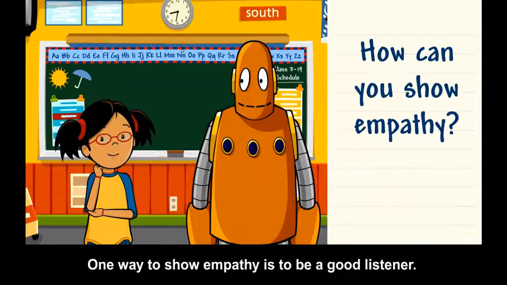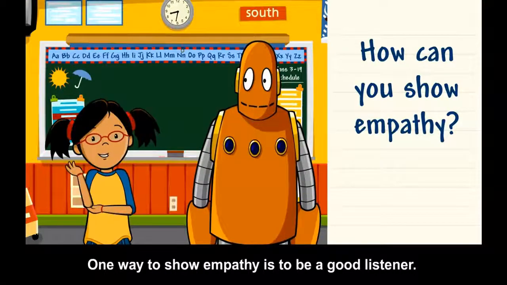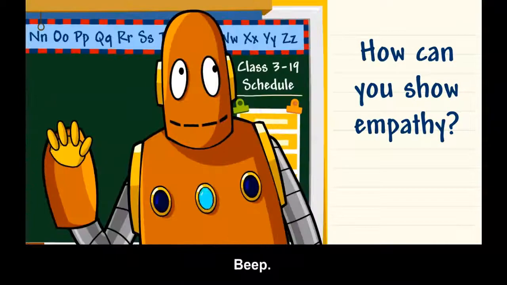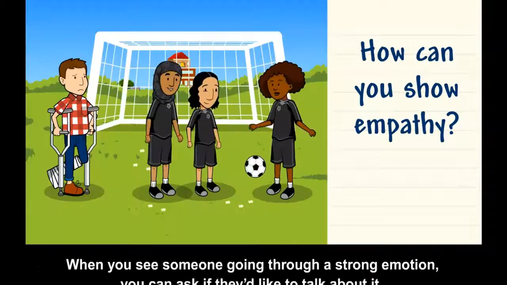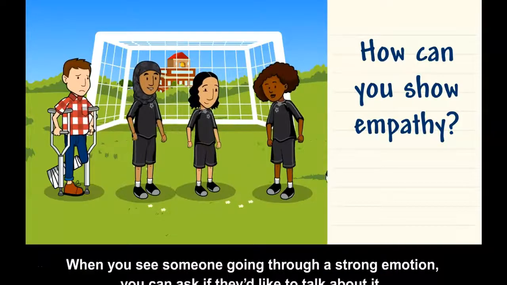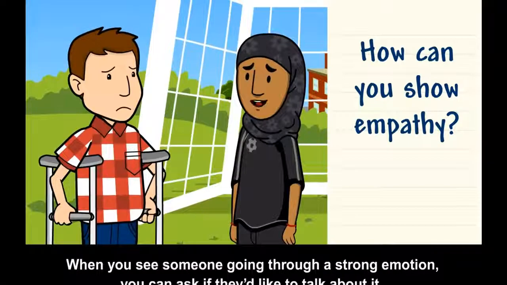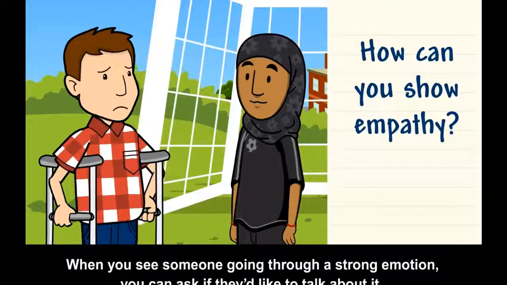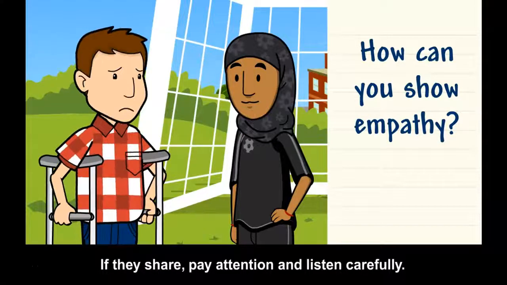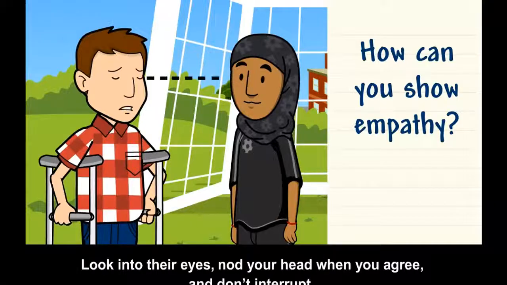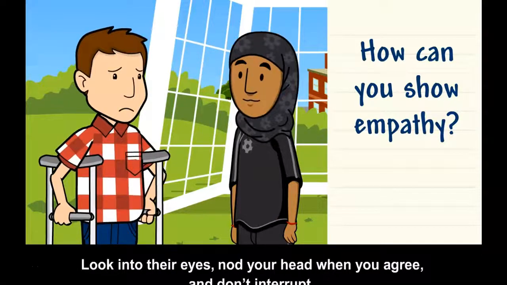One way to show empathy is to be a good listener. When you see someone going through a strong emotion, you can ask if they'd like to talk about it. If they share, pay attention and listen carefully. Look into their eyes. Nod your head when you agree. And don't interrupt.